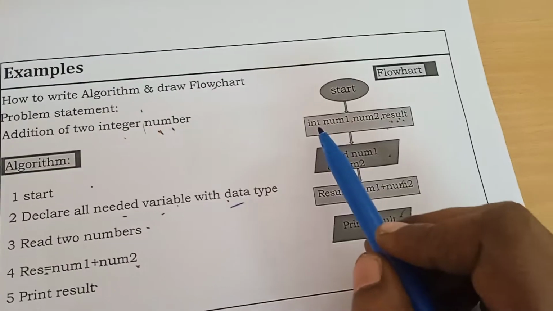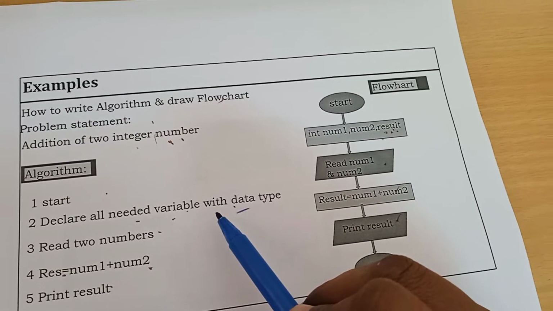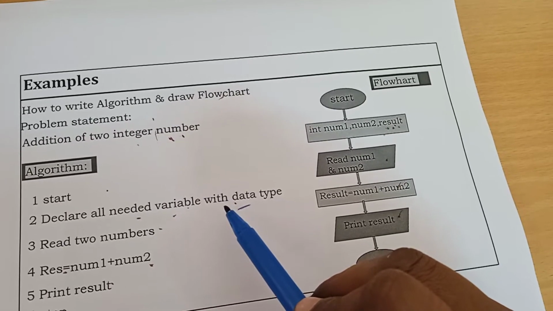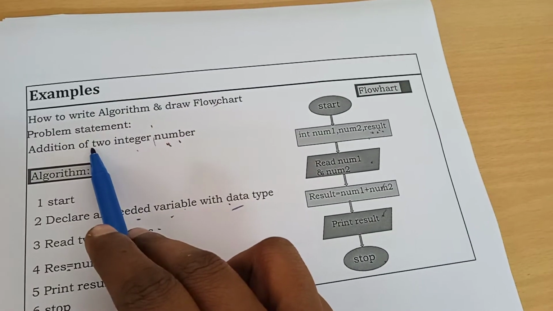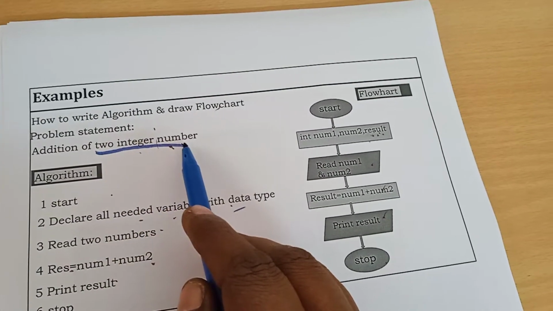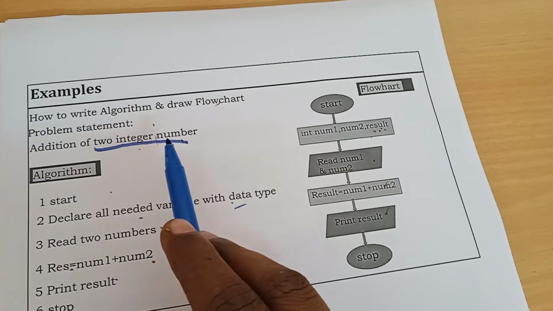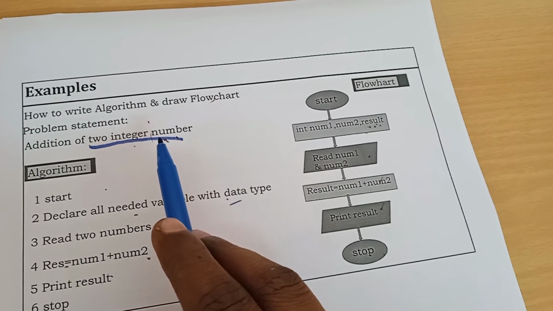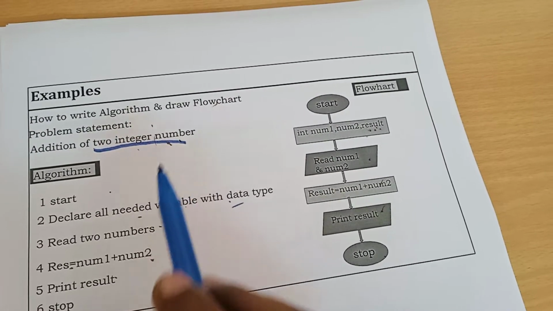Look at this. The second step is giving knowledge to the user that he has to take the needed variables. When you look at the question, there are two integer numbers you'd like to add. So what are the needed variables? Two integers are needed, and another integer to store the result.